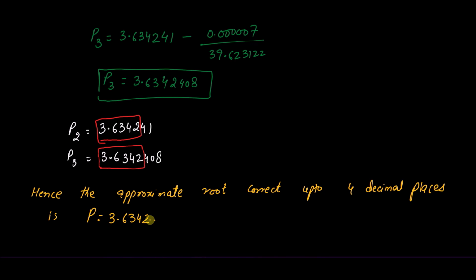And that's it. We just found the root of the equation step by step using the Newton-Raphson method, and our answer correct up to 4 decimal places is 3.6342.